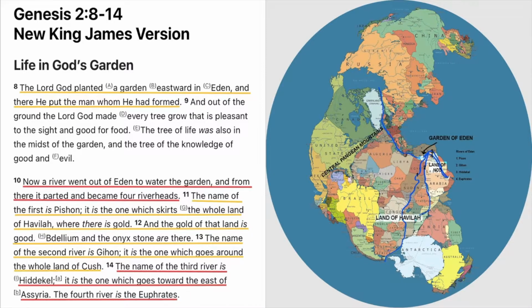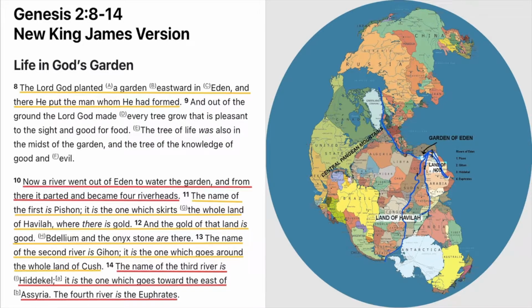Genesis chapter 2, verse 8 through 14 says, "The Lord God planted a garden eastward in Eden, and there he put the man whom he had formed. Now a river went out of Eden to water the garden, and from there it parted and became four river heads. The name of the first is Pishon.